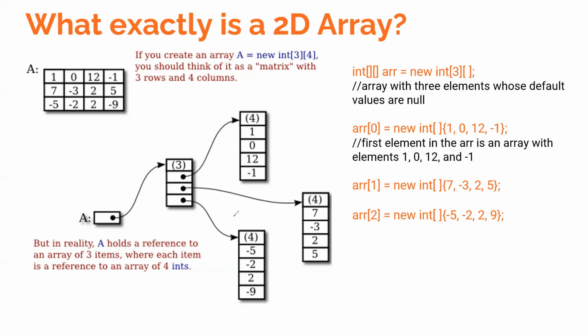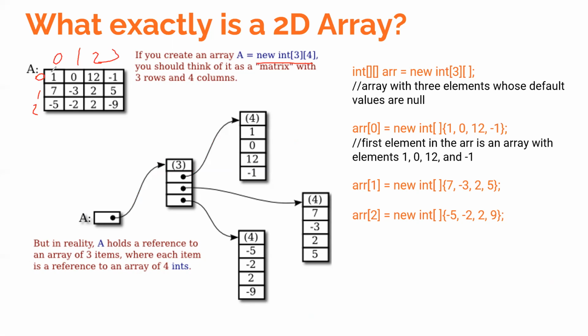So that's all this is. You can think of it like that. But another way to think of it, and I think this is how we'll think of it from now on, is just rows and columns. So when you do new int 3, 4, that's 3 rows and 4 columns. You can think of it like this: row 0, row 1, row 2, and column 0, column 1, column 2, column 3.